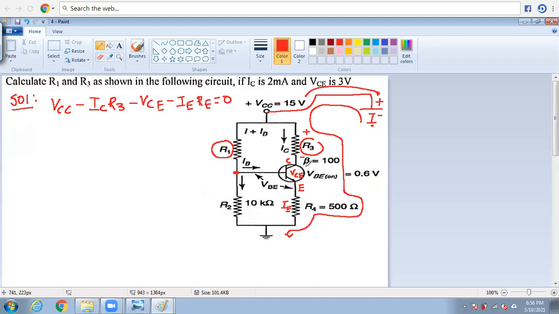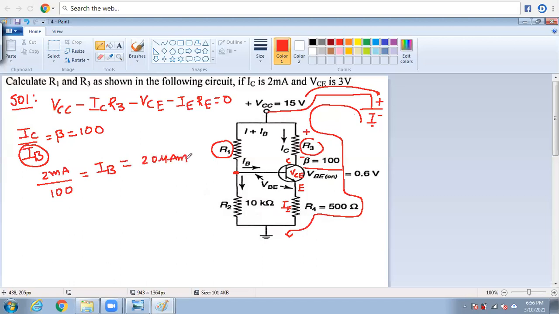Beta is given as 100. So IC by IB equals beta, and beta equals 100. So we can easily calculate the IB value also. How? 2 milliamperes divided by the beta value 100 equals IB. Finally, IB equals 20 microamperes.